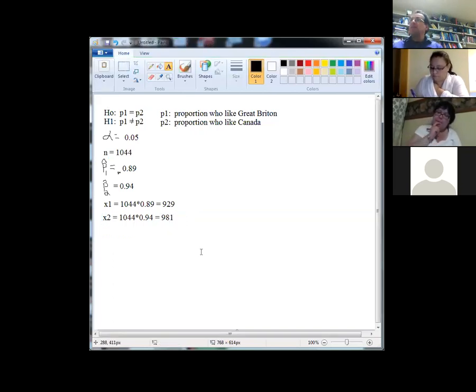Any questions on that? So x1 is the number of people surveyed who said they liked Great Britain, and x2 is the number of people surveyed who liked Canada. So the formula to solve x1 is always going to be n times p1 hat and n times p2 hat.